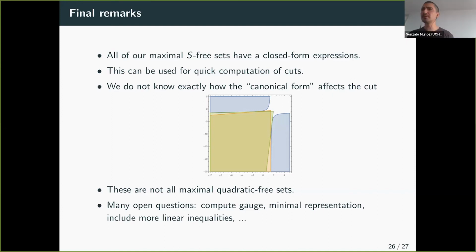Robert Hildebrand has a question. Is maximality necessary? Like in the first picture, you had this kind of reverse convex set, and it seems like many of these S3 sets would give you the same inequalities.